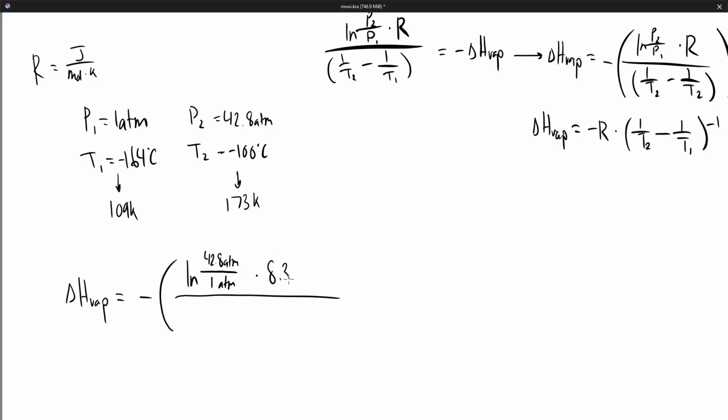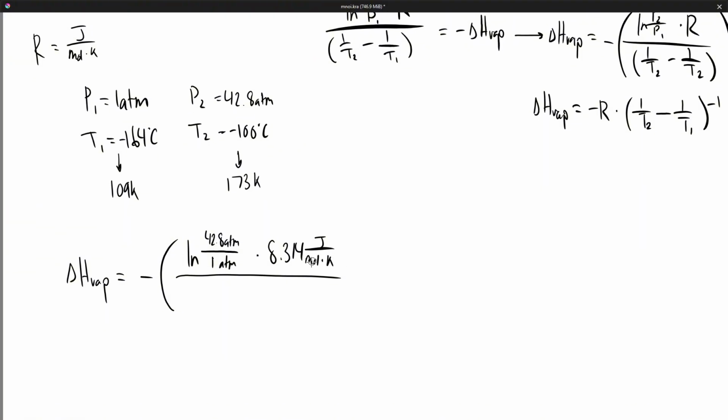It's 8.314 joules over moles times Kelvin. So all that divided by the inverse change in temperature, which is 1 over T2, which is 173 Kelvin, over T1, which is 109 Kelvin.